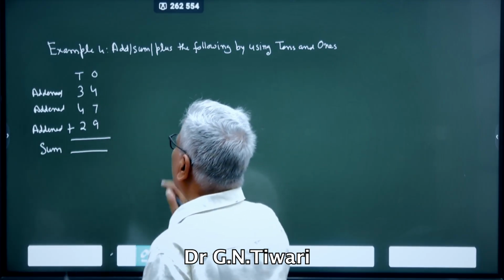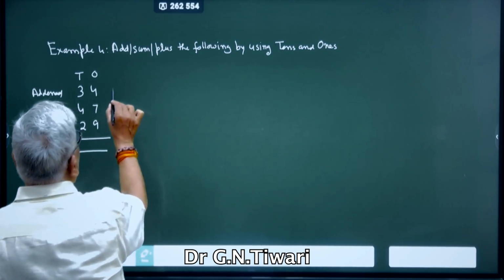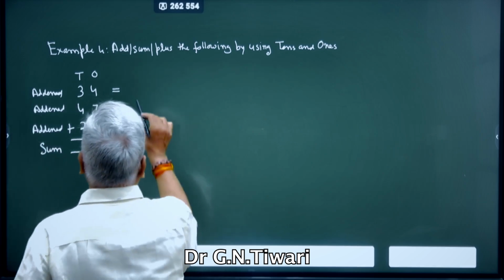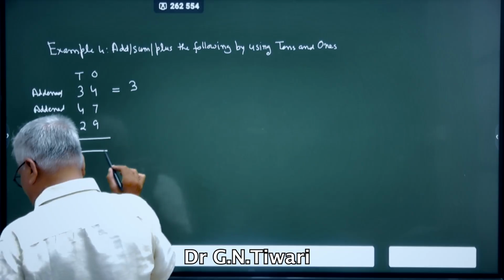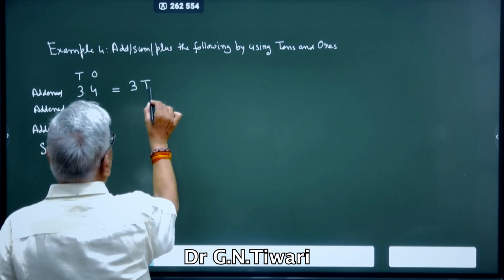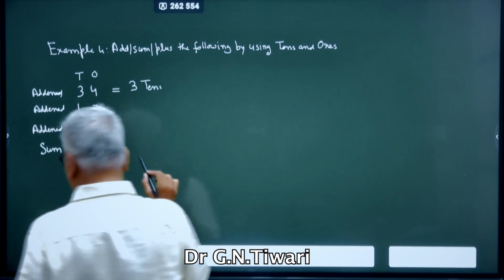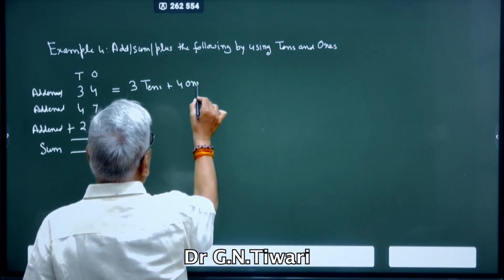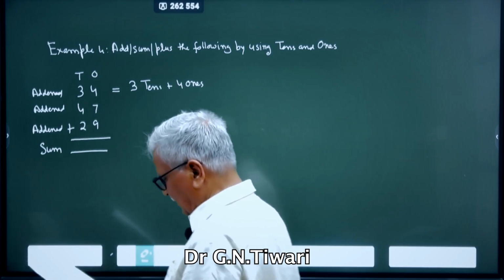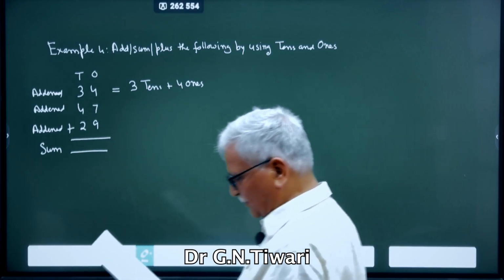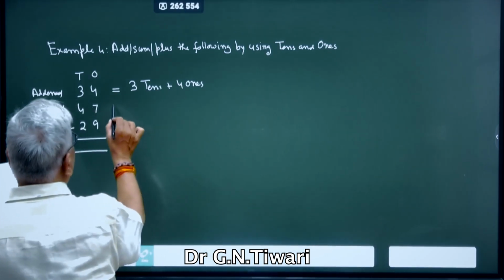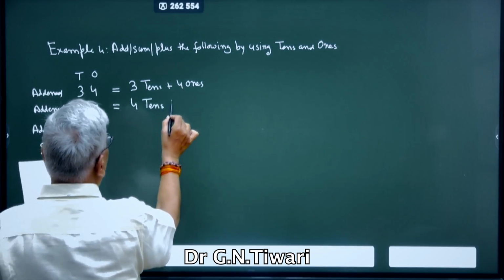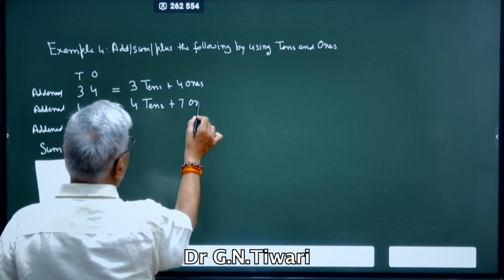Now just see, 34 can be written as 3 tens plus 4 ones. There is not much doubt on that part. Then 47 can be written as 4 tens plus 7 ones.